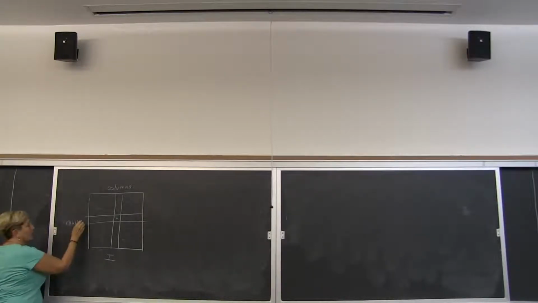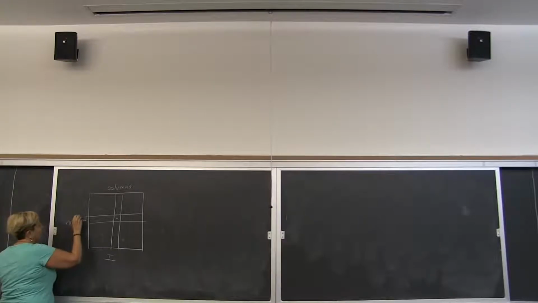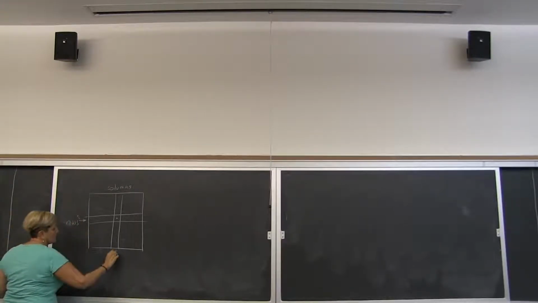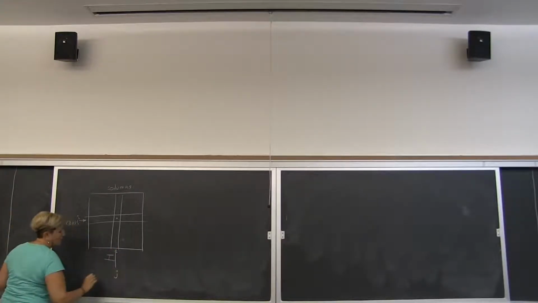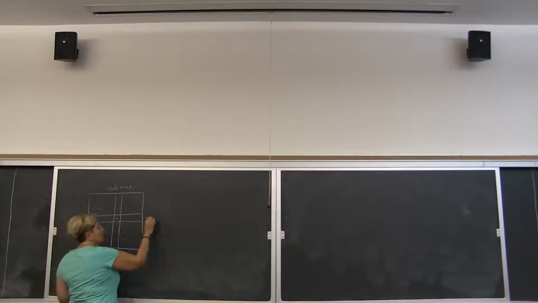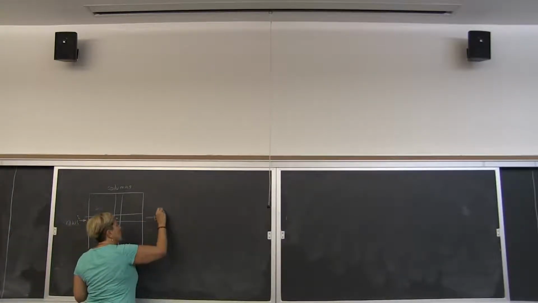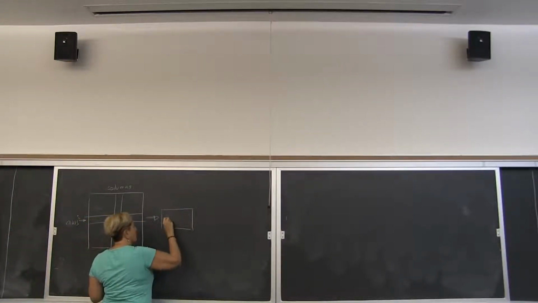So this is say row I, and this is column J. I want to pass that through some kind of filter.